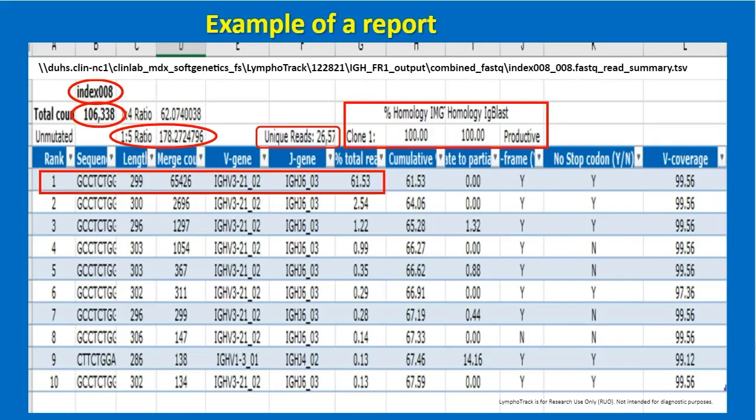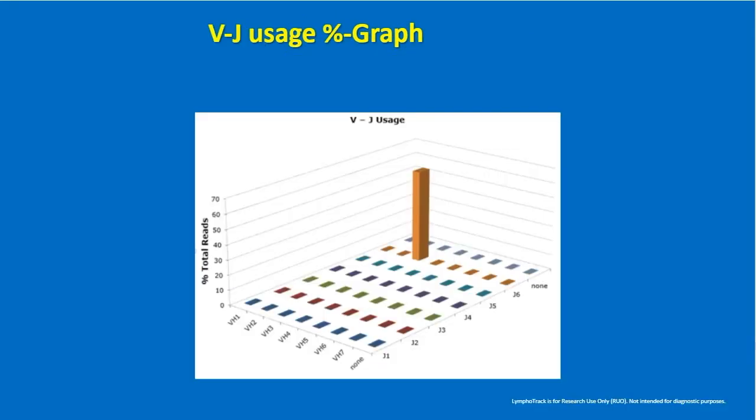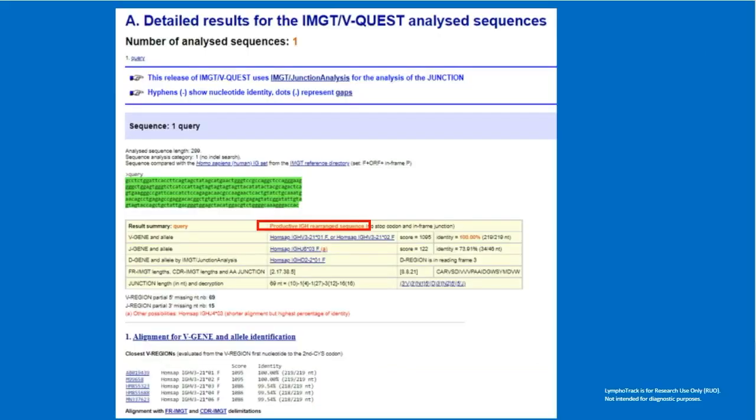And then we also identified a smaller intraclonal variant in this specimen, but that was also productive and matched the same sequence. So we can also look at which V region and J region are used in a graphical way if you want. We also do a separate analysis using IMGT/V-QUEST, the web-based analysis.